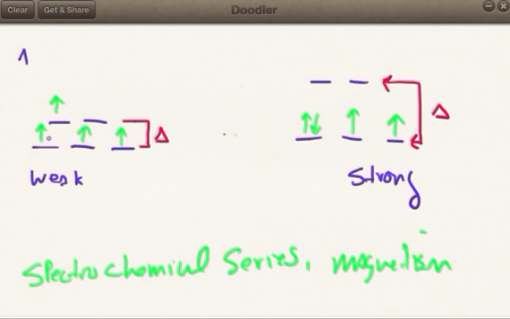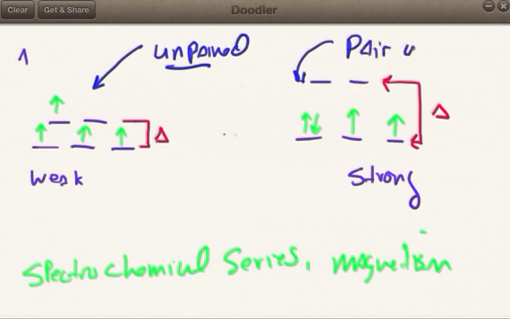Well, what I have in the weak field is unpaired electrons. Okay, you can see that the electrons have a tendency to be unpaired. Whereas in the strong field, there's a better tendency for electrons to pair up.